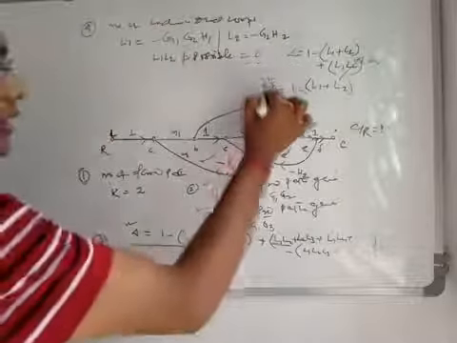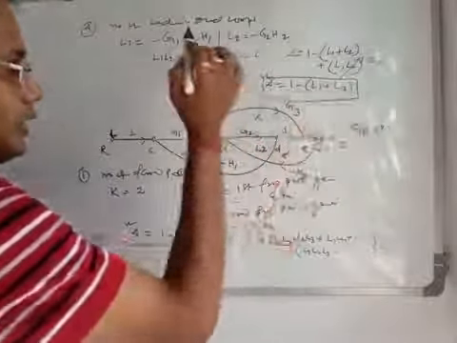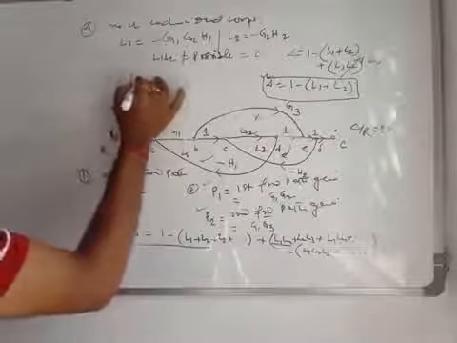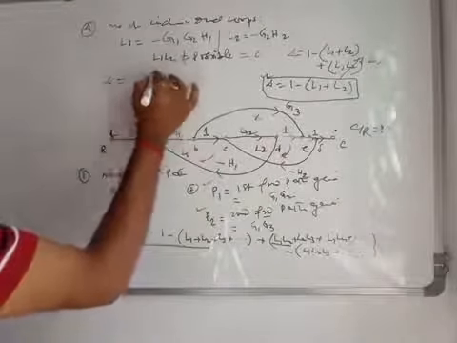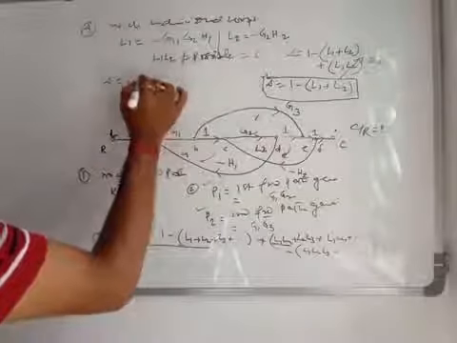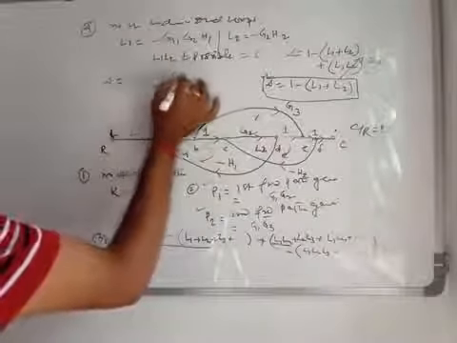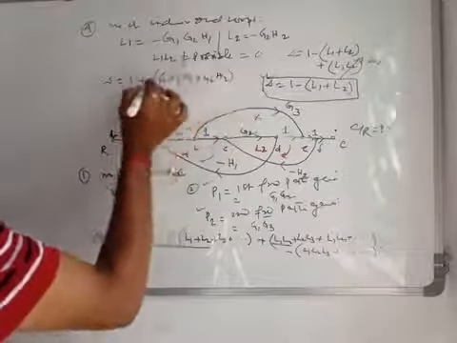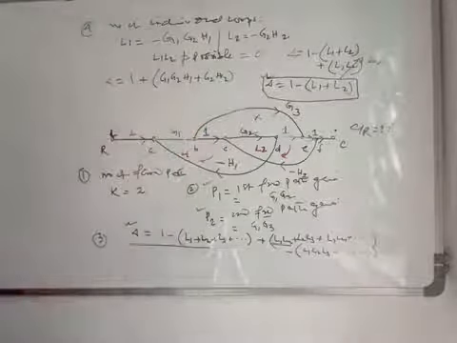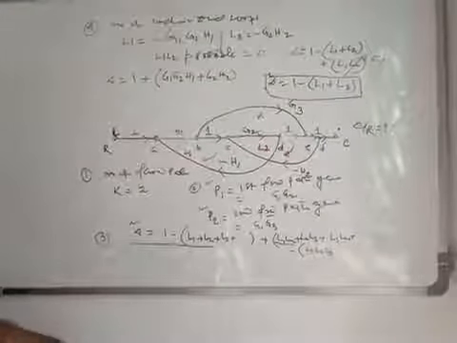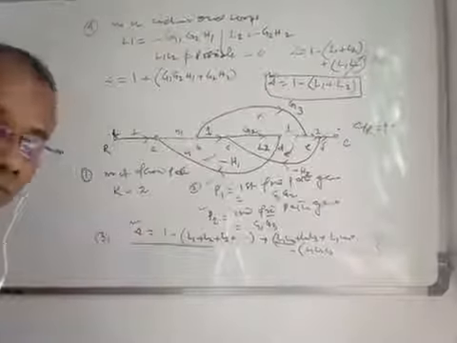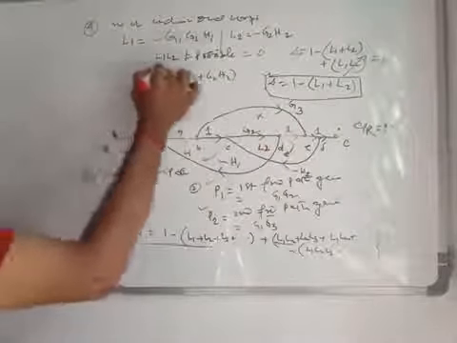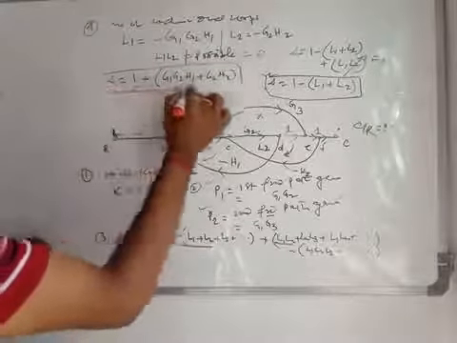So delta becomes 1 minus, that means minus and minus, plus G1 G2 H1 plus G2 H2. This is the expression for delta we get, right?